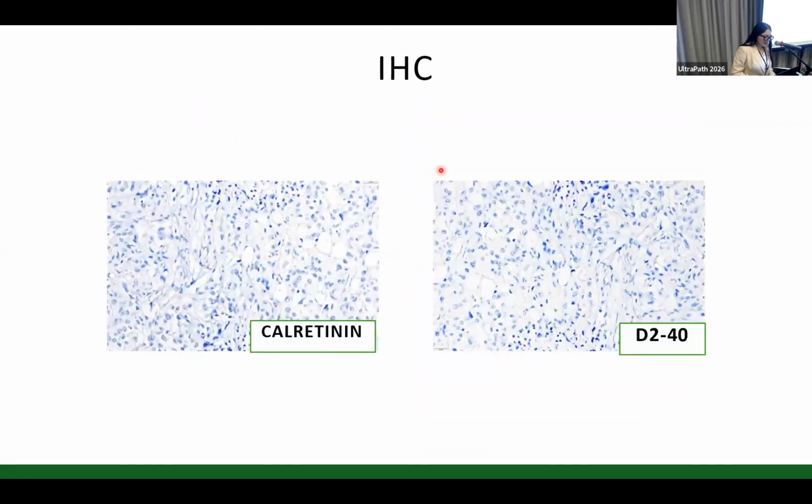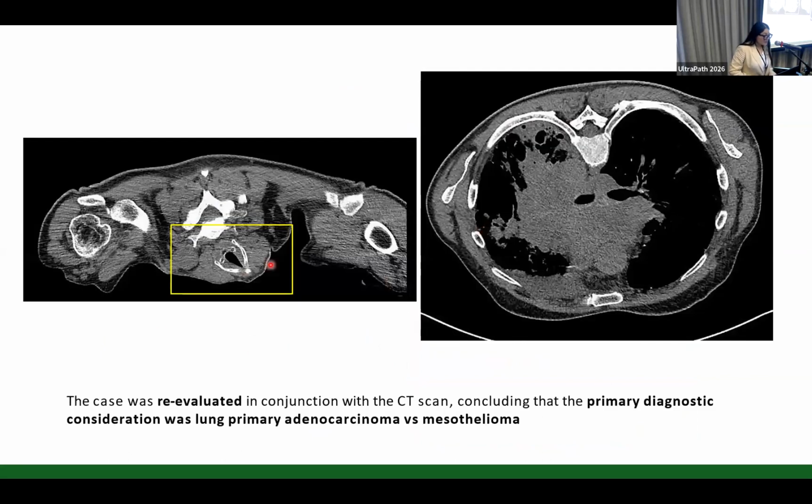We also decided to perform two mesothelial markers, calretinin and podoplanin, and both were also negative. So at this point, we had a lot of possibilities because of an unknown primary, like cholangiocarcinoma or thyroid. So we decided to reevaluate the imaging study.